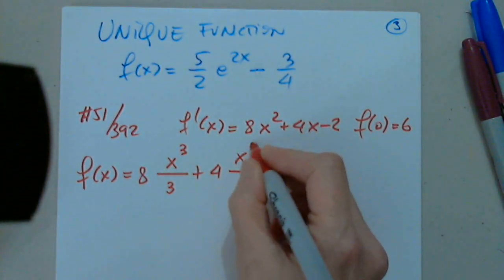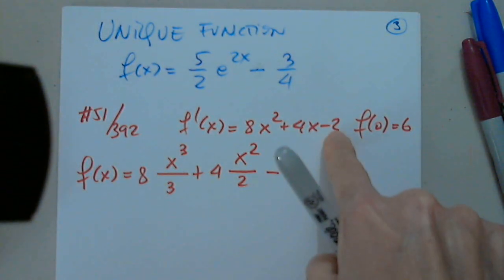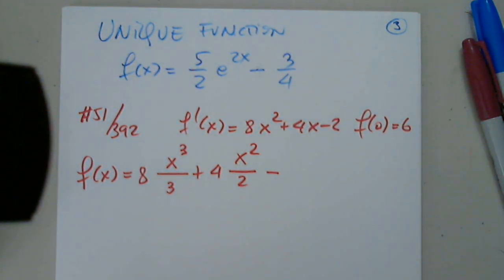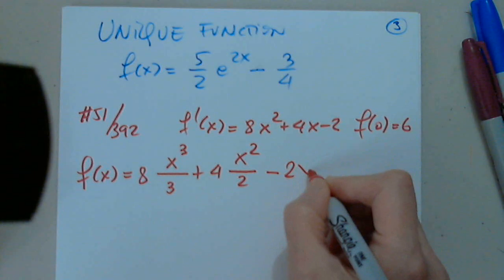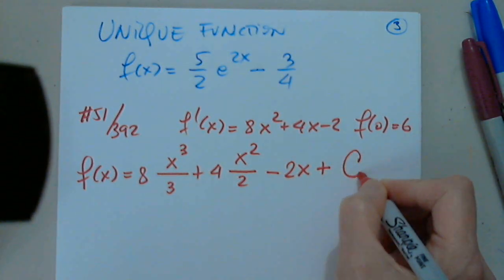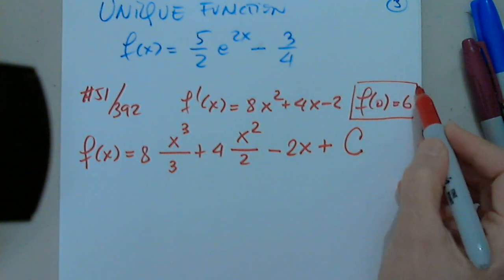Can anyone give us which function prime is x? X squared over 2. That's it. Minus. Which function prime is 2? Very good. Plus a constant c. Awesome. Now, only now I can look at this.